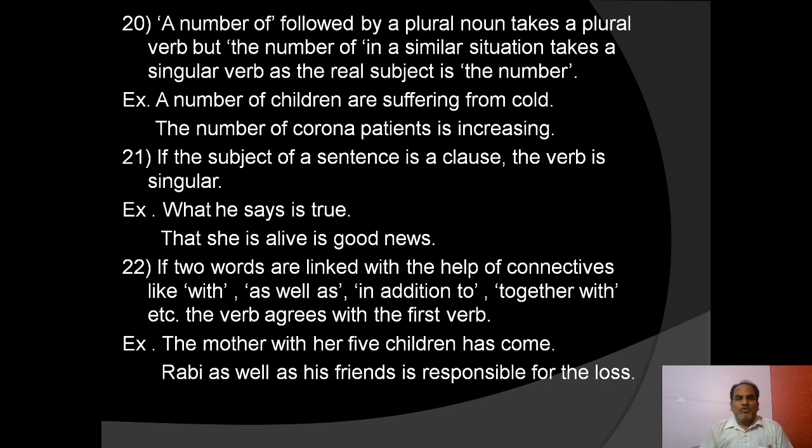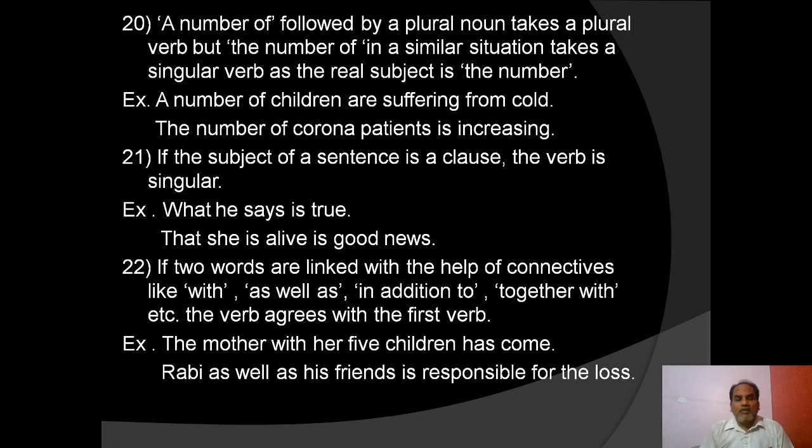Another comparison you should take is a simple situation. A number of followed by a plural noun takes a plural verb. But the number of in a similar situation takes a singular verb, as the real subject is the number here. For example, a number of children are suffering from cold.